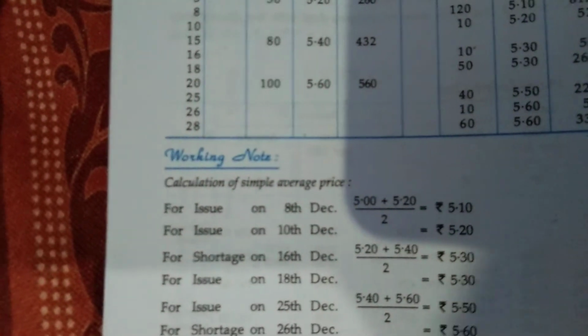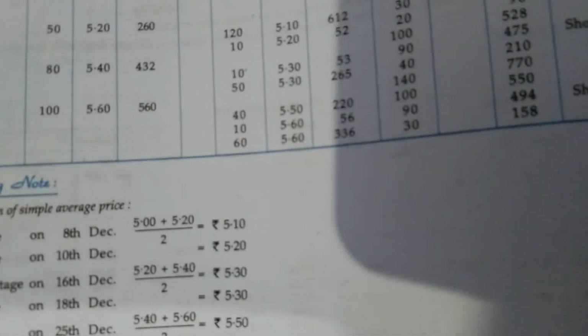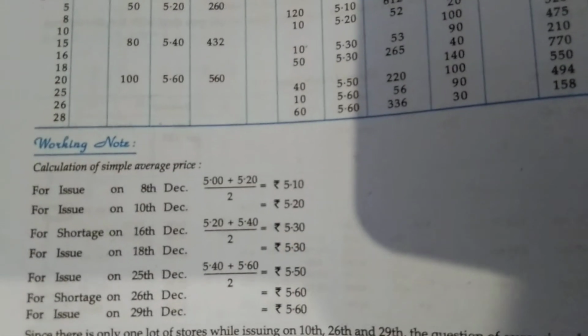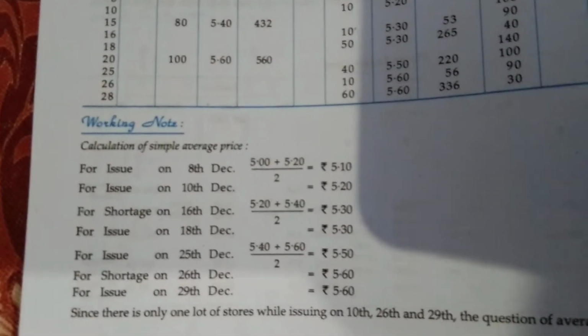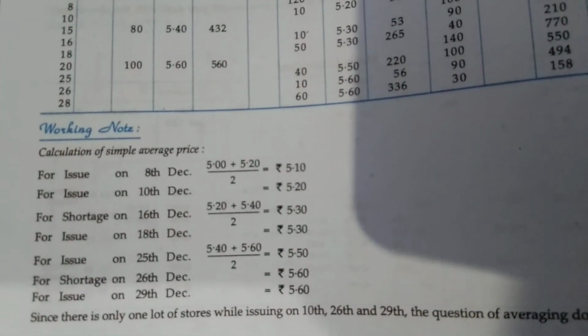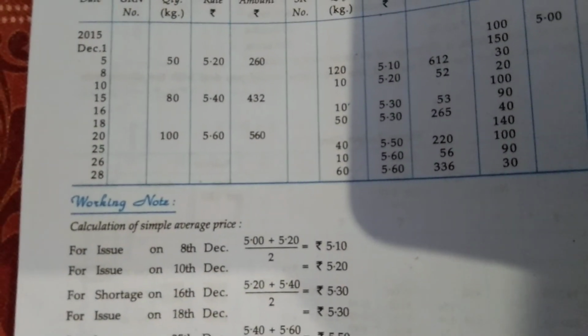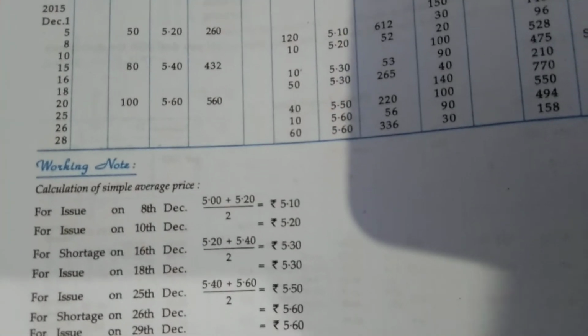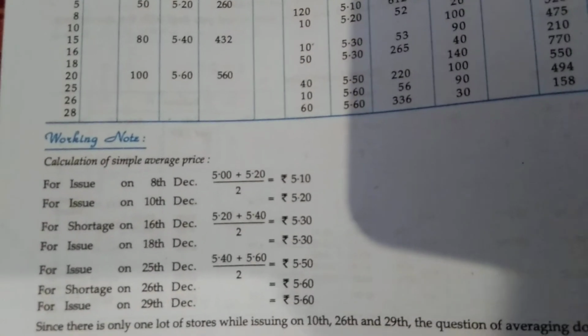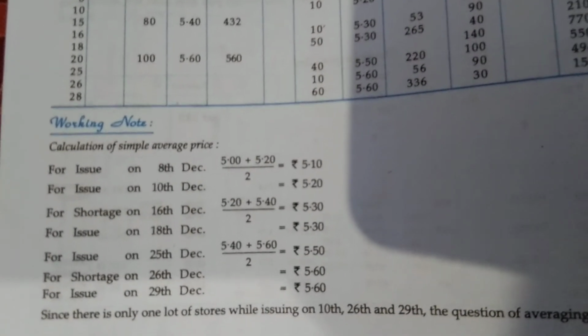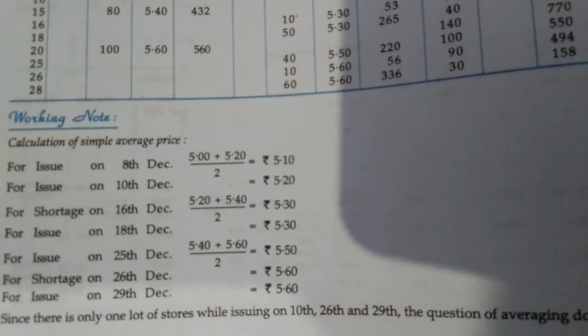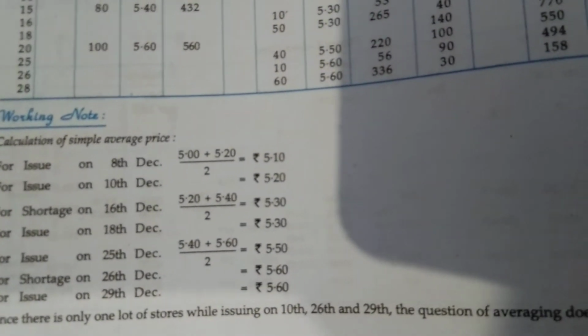Now see there, on the 26th there has been a shortage also. In that case the price will be 5.40 and 5.60. Why? Because the earlier goods of 5.40 have already been exhausted. That's why the price will be 5.40 and 5.60, that is 5.50.